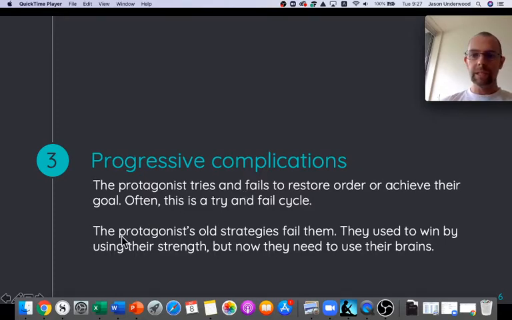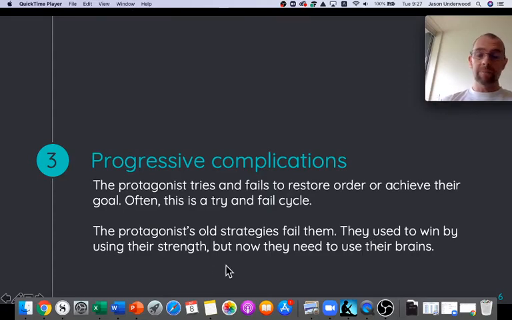Now, one key thing for progressive complications to make them really effective is that the protagonist's old strategies fail them. So, for example, say you have a really physically strong person as your protagonist, and maybe they used to win by using their strength. So that's how they dealt with problems.